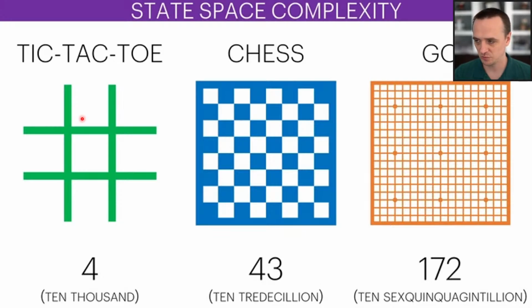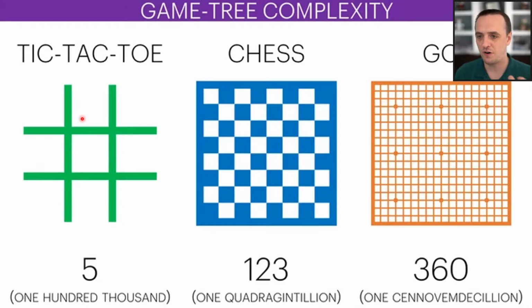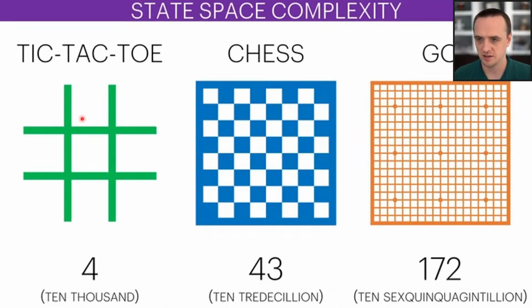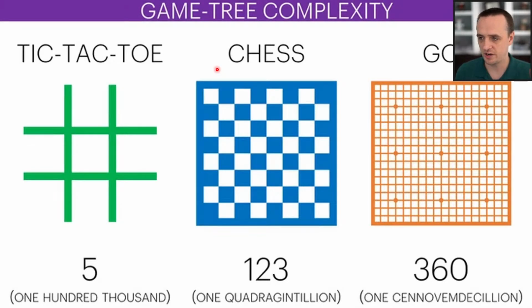And as we talked about before when we did this analysis the first time, the space of the game tree is higher than the state space. So the state space, again, this is a good exam question, is the number of board configurations. The game tree space is the number of possible games that could be played, right? So the number of different sequences of moves that are possible.